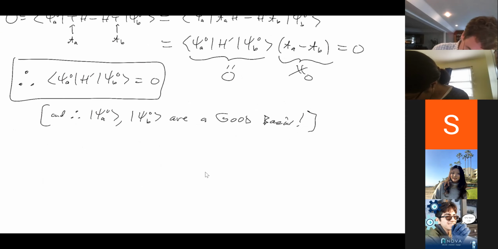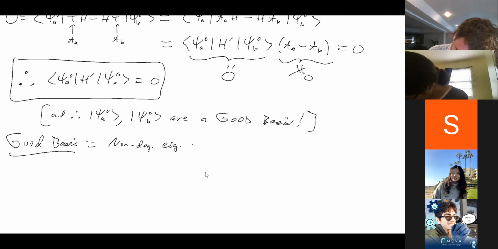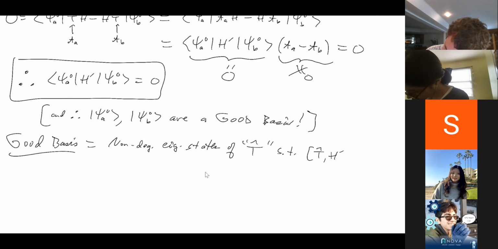So I'll say it explicitly. A good basis is equal to non-degenerate eigenstates of some T, a third operator, such that this third operator commutes with our perturbation. Okay, that is our new definition of a good basis.